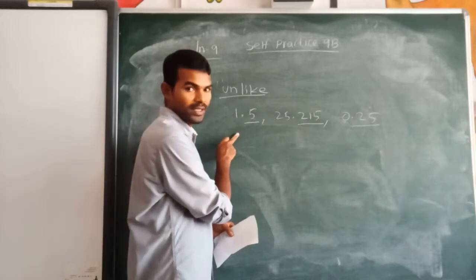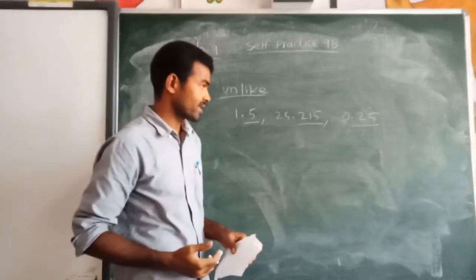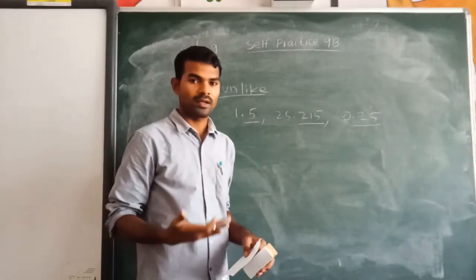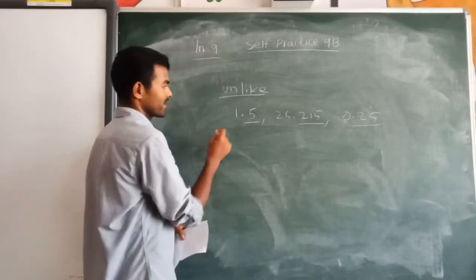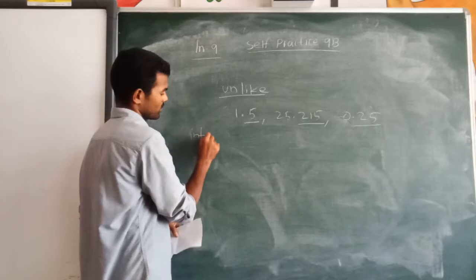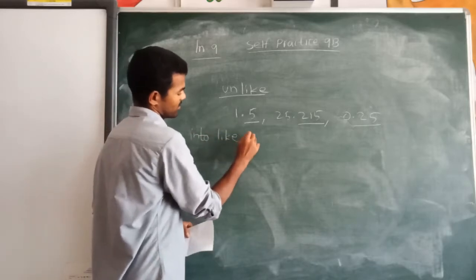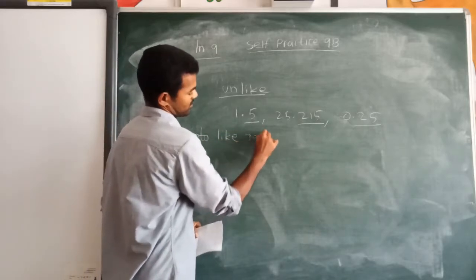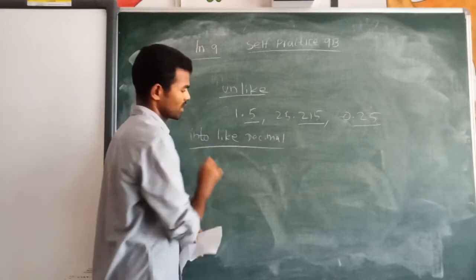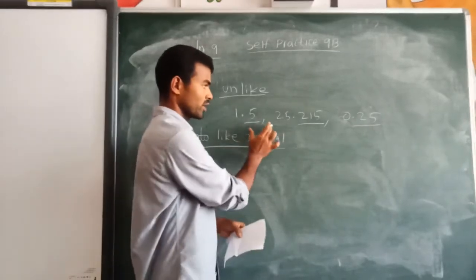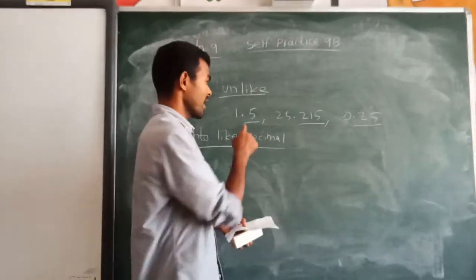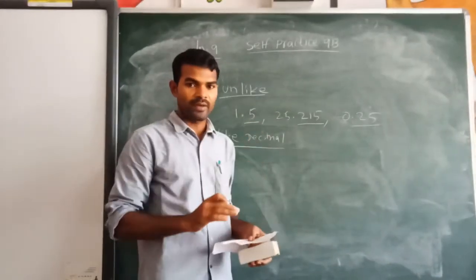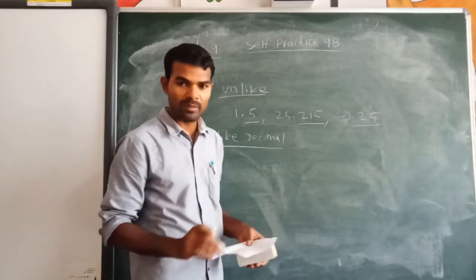Now we can change unlike decimals into like decimals also. How to change unlike decimals into like decimals? This is unlike, but we can change it into like decimal. After the point we can make everything the same number of places, like 2 or 3.